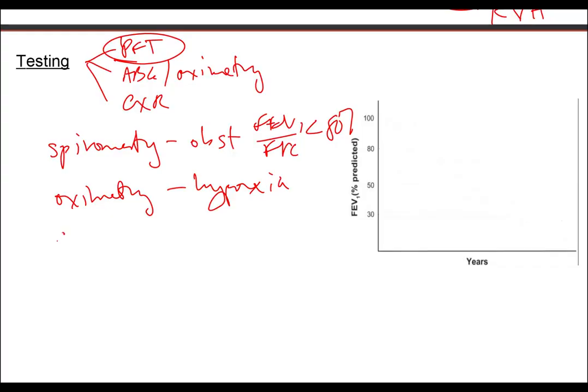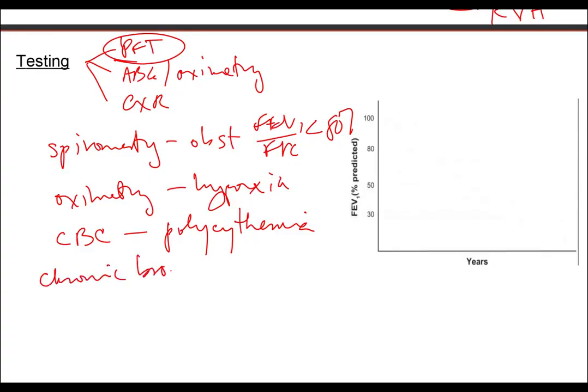The one thing we might see in a CBC is, because there is this ongoing difficulty in gas exchange, you might see polycythemia, and that would be really good substantial evidence that the patient does have hypoxic levels of damage. Remember that when we're talking about chronic bronchitis, that is by definition mucus production of 3 months for 2 consecutive years, so that's going to be a clinical diagnosis.